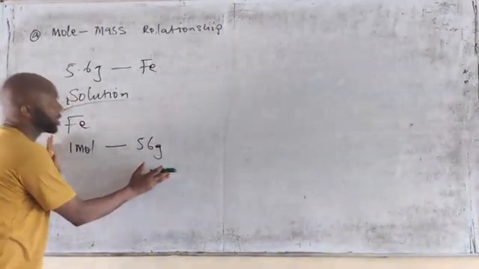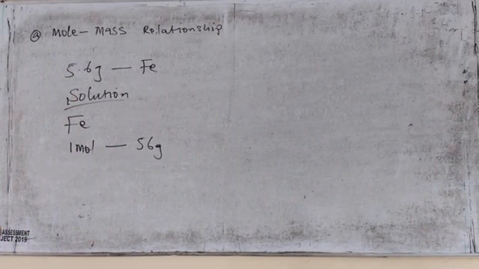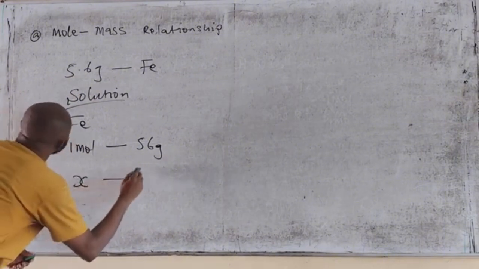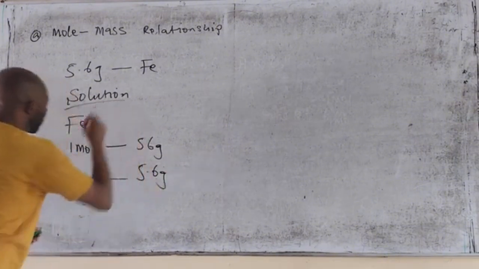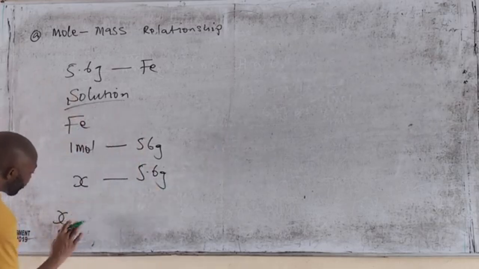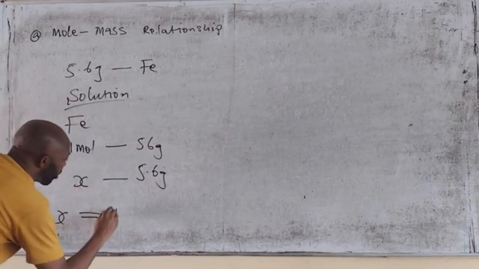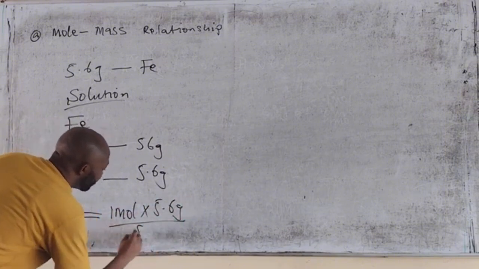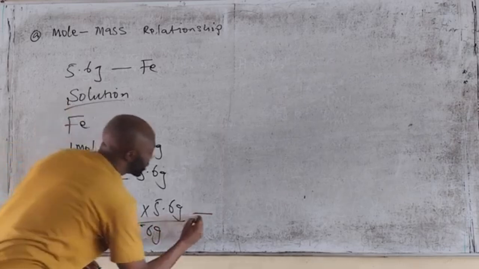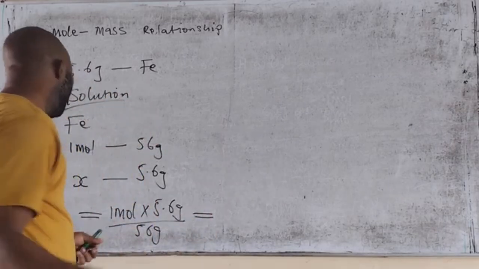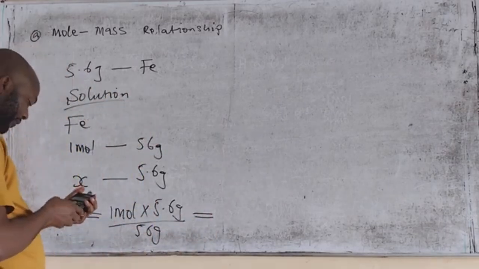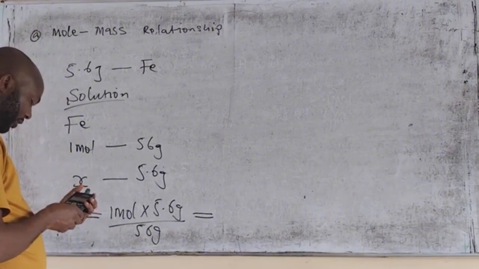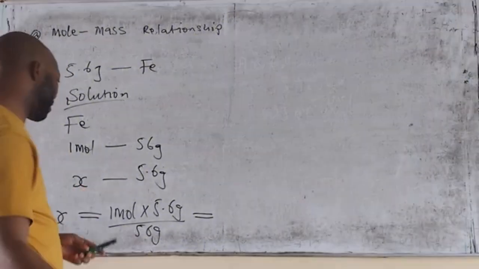I established this. Then the question says, how many moles of iron can be gotten in 5.6 grams? So if I make X my subject, this is equal to 1 mole times 5.6 gram over 56 gram, which is 5.6 divided by 56, which is equal to 0.1.